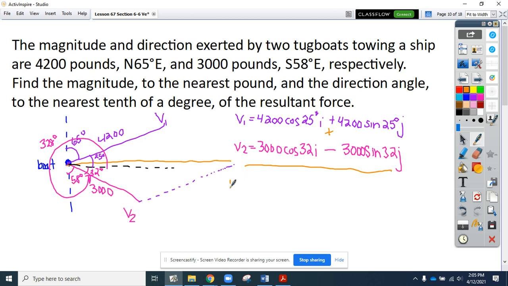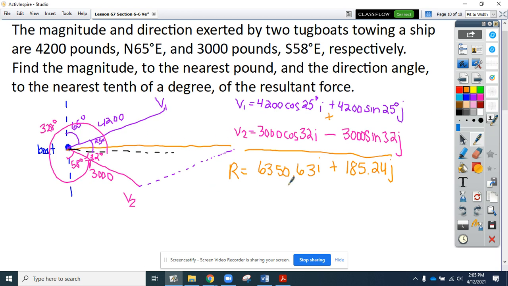And I'm going to get that my resultant is 6,350.63 in my I direction. I'm going to do the same thing for the J's, and I'm going to get 185.24 J. That's my resultant vector. So I just found the equation that describes that orange vector.